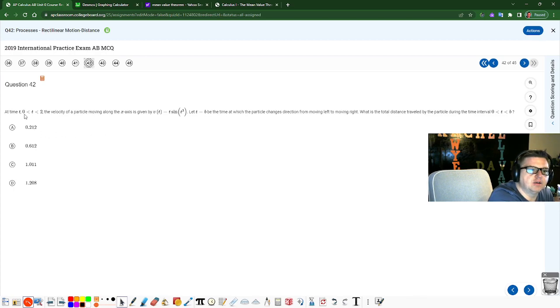At time t, from 0 to 2, the velocity of a particle moving along the x-axis is given. So there's a velocity at time equals b. There will be a time at which the particle changes directions, moving left to moving right. What is the total distance traveled by the particle in the time interval from 0 to b? Ooh, wow. Left to moving right.